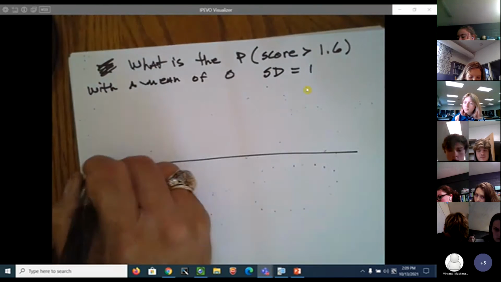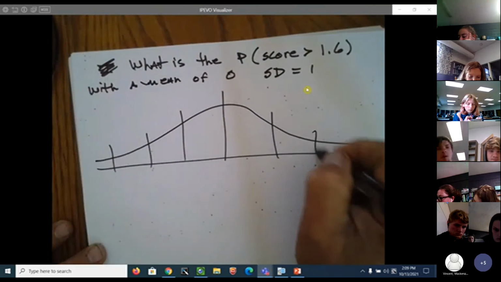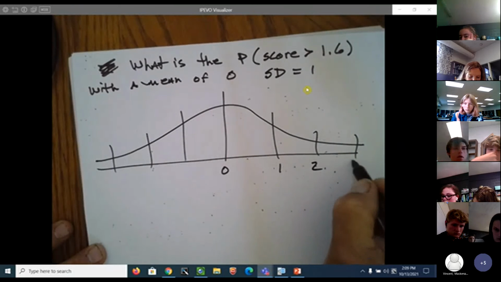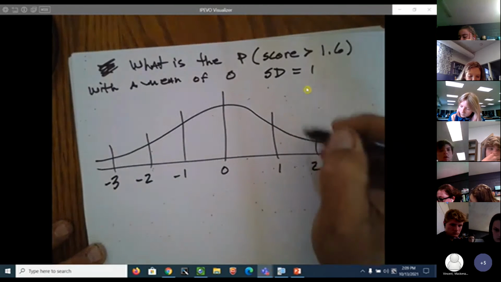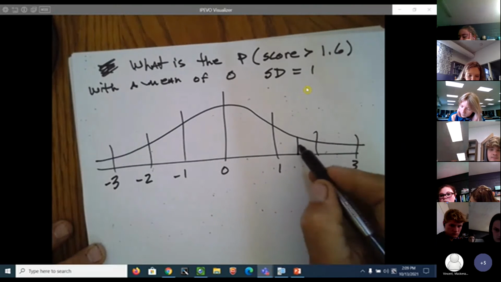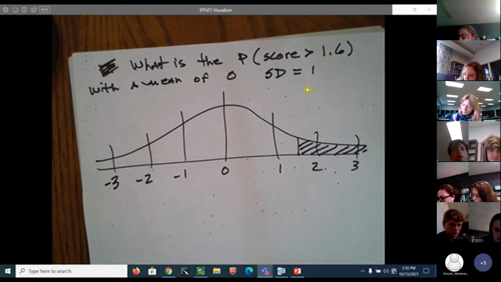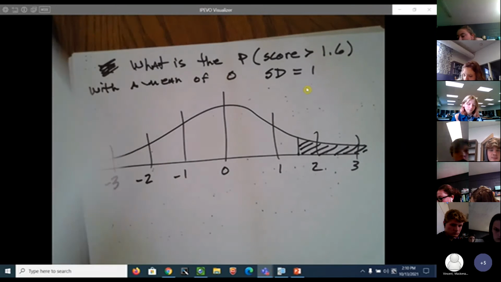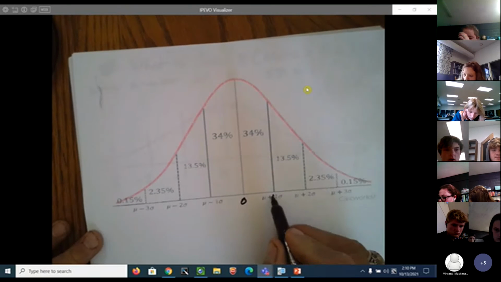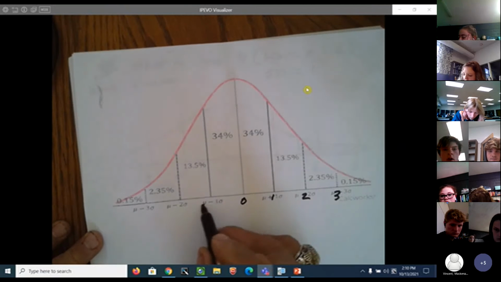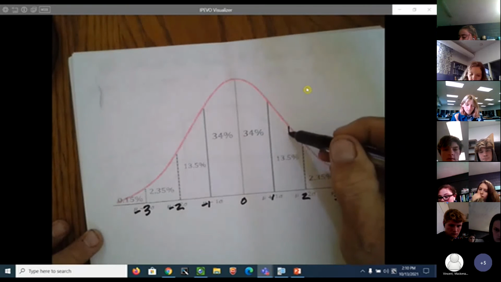So you draw a normal curve, 0, 1, 2, 3, -1, -2, -3, and 1.6 is going to be right around here. So they want this area right here. Now, if we use our empirical rule, 1.6 is going to be right in there.